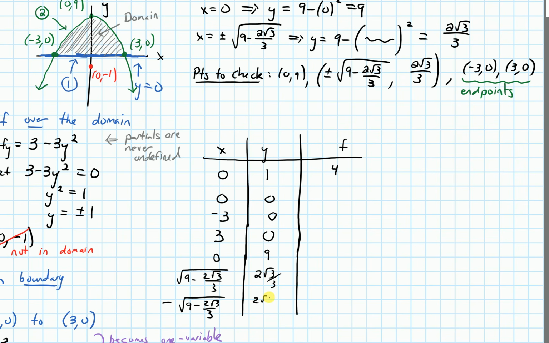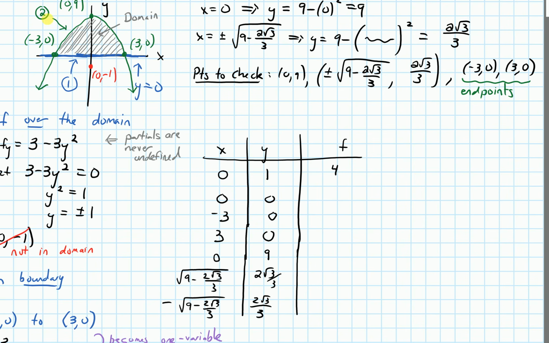And this one also 2 root 3 over 3. And these other endpoints, -3, 0, we got. And 3, 0, we got that one as well. Remember, we had already listed those as being the endpoints of the line segment. The endpoints of the line segment just so happened to be the endpoints of the parabolic curve as well.